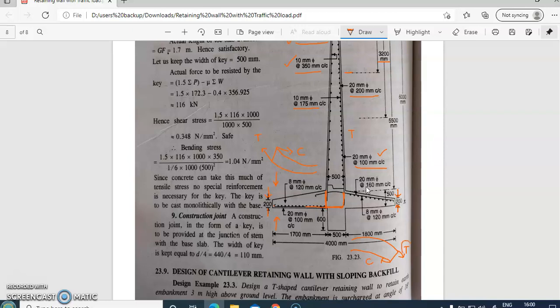So the reinforcement has to be on the tension face. That is why in the heel slab the reinforcement is provided on the top, because the top of the heel slab is experiencing tension. And this is what we just calculated, 20 mm at 160 mm center to center, and the distribution reinforcement of 8 mm at 120 mm center to center.